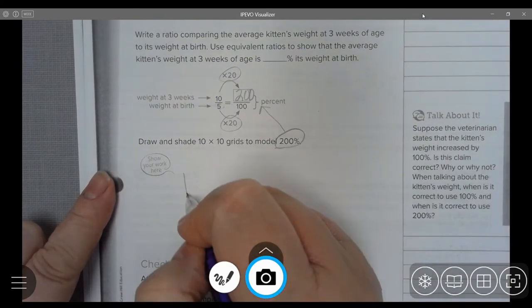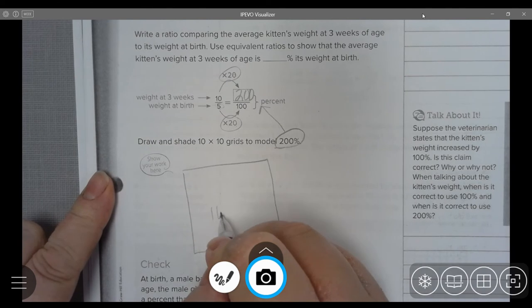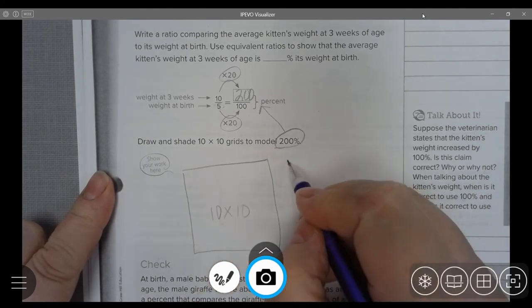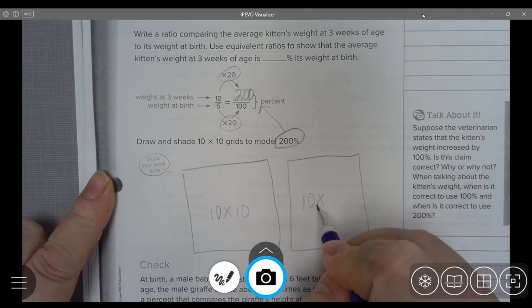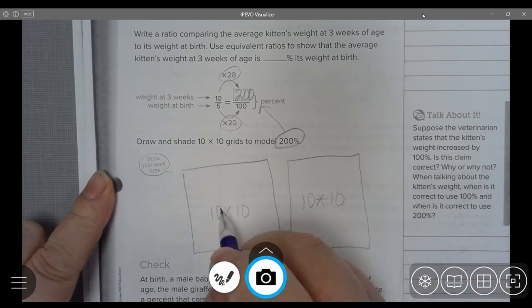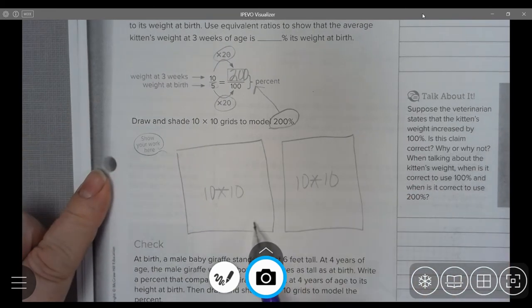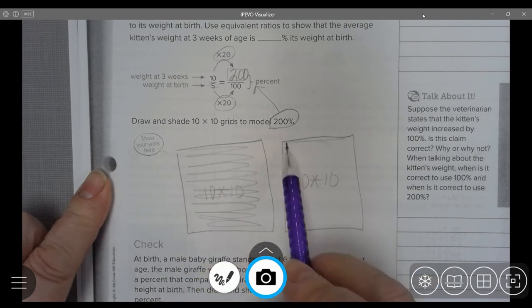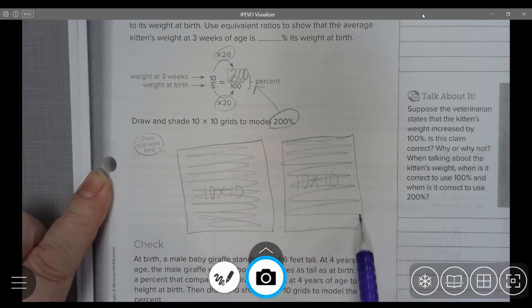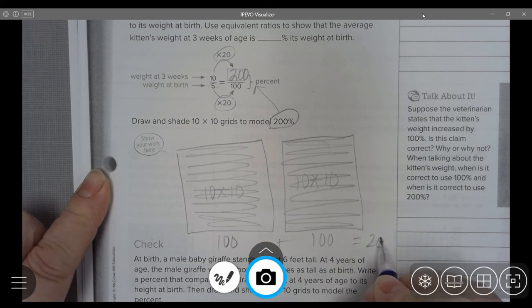So I would take my grid. Here's a 10 by 10 grid. Here's a second 10 by 10 grid. And to model 200%, we would shade in the entire thing, because we have 100 plus 100 equals 200.